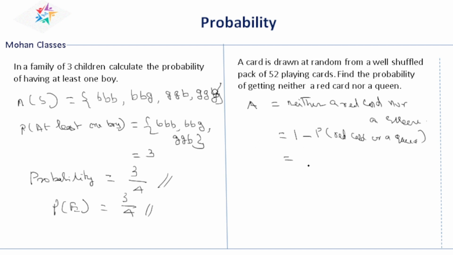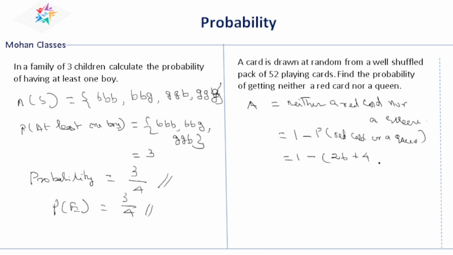So what is 1 minus red card or a queen? Red card, how many red cards will be there? 26. And then how many queens will be there? 4 queens will be there.